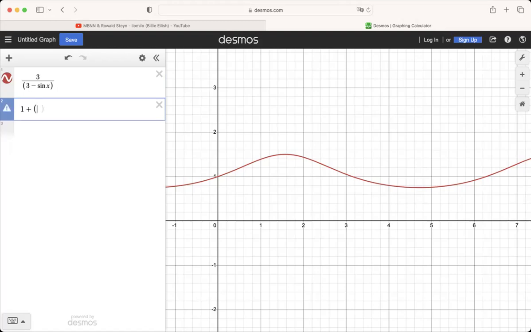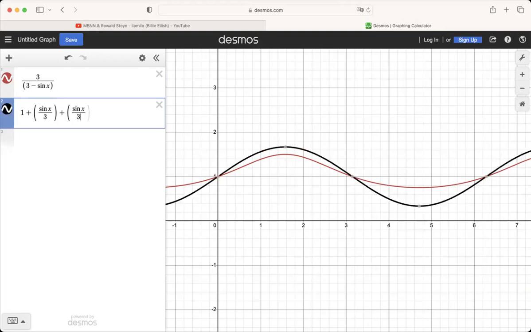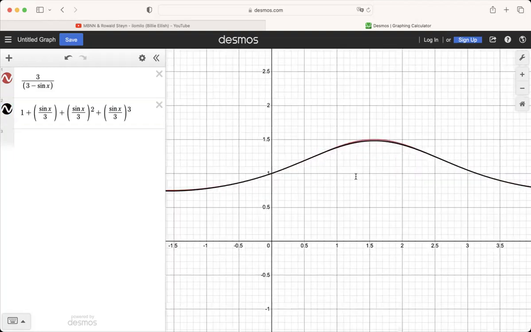One plus sine x divided by 3 plus sine x divided by 3 to the second power plus sine x divided by 3 to the third power, and you continue this process, right?